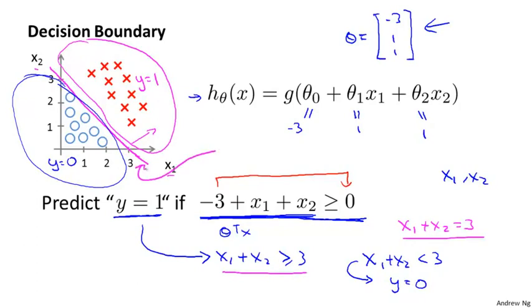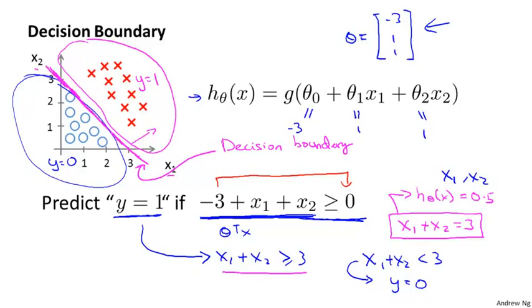This line there is called the decision boundary. And concretely, this straight line, x1 plus x2 equals 3, corresponds to the region where h of x is equal to 0.5 exactly. And the decision boundary, that is this straight line, is the line that separates the region where the hypothesis predicts y equals 1 from the region where the hypothesis predicts that y is equal to 0.